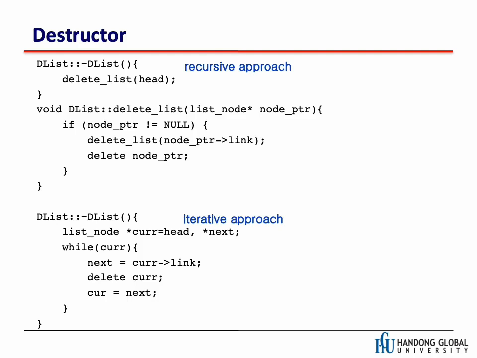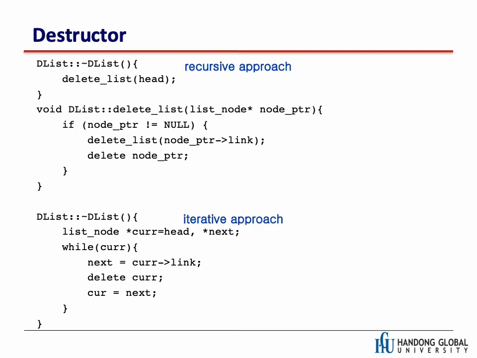If you want to deallocate memory space from the first node to the last node, we can do that too. Then before deallocating the memory space of the first node, we have to copy the pointer to the second node. And then we deallocate the memory space, and then we go to the second node, and before deallocating the memory space for the second node, we have to copy the link to the third node. And then we deallocate the second node, and then we go to the third node. Okay, you can do that.